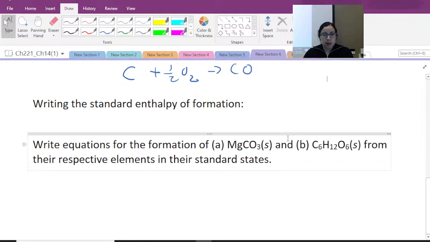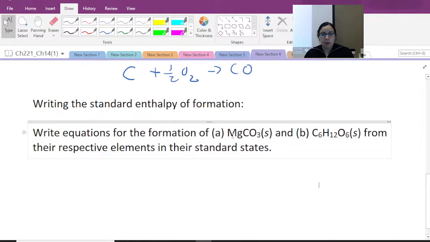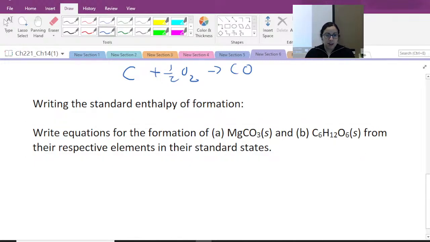See if you can write it then for our magnesium carbonate and this organic structure here. I'll give people a few minutes. We can tackle this magnesium carbonate one first, and then just double check that we're all on the same page.